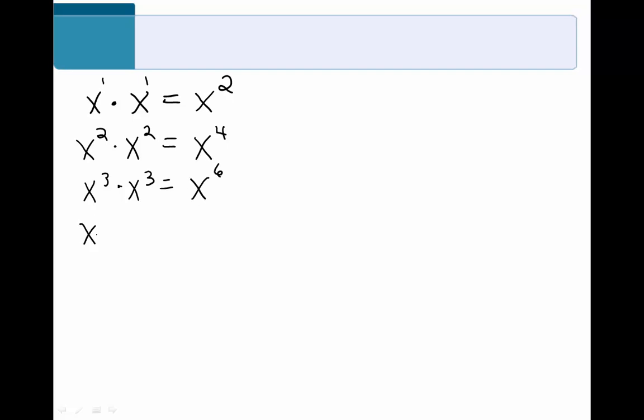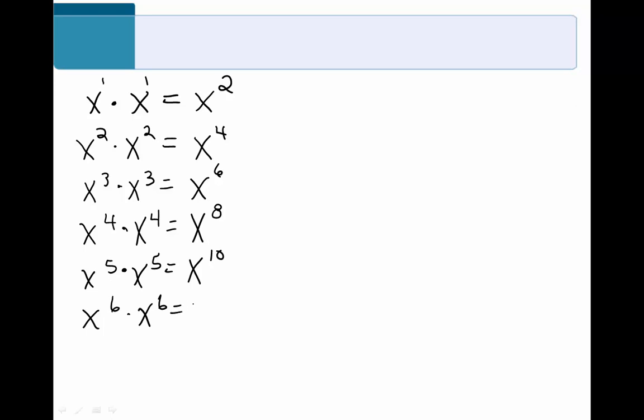We know that x fourth squared is equal to x to the eighth. And I'll just do a couple more here. We know that x to the fifth squared is equal to x to the 10th. And we know that x to the sixth squared is equal to x to the 12th. Okay? So now let's think about taking the square root of these.